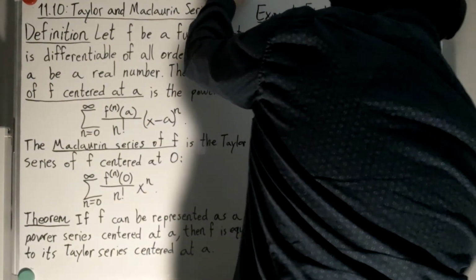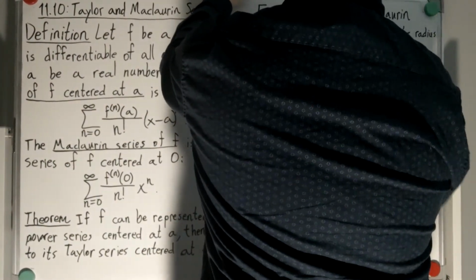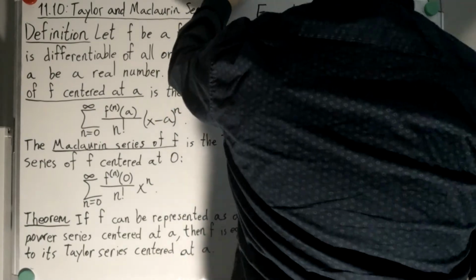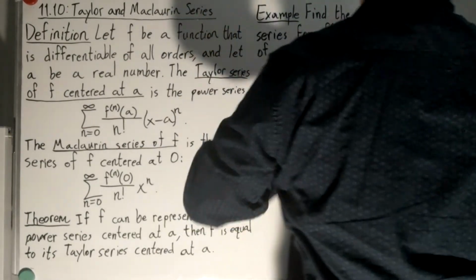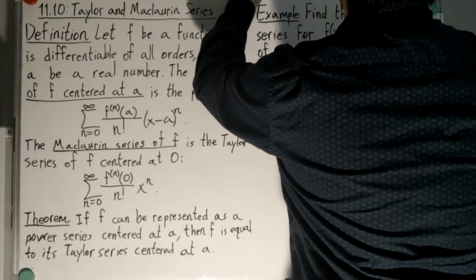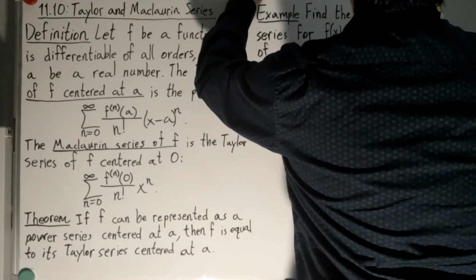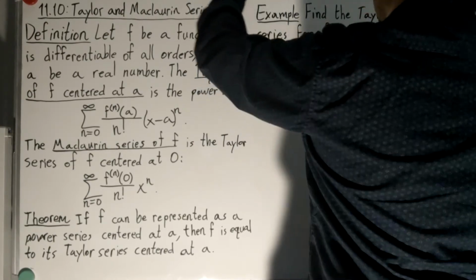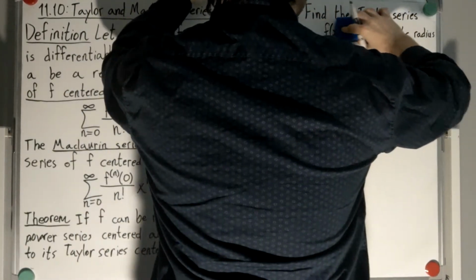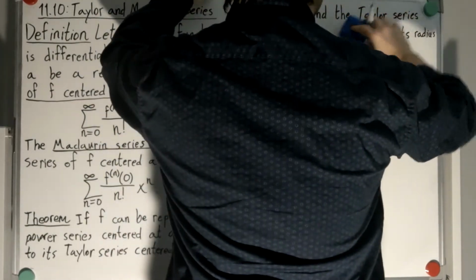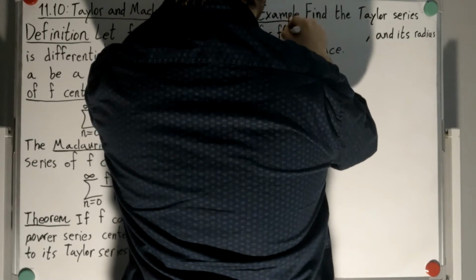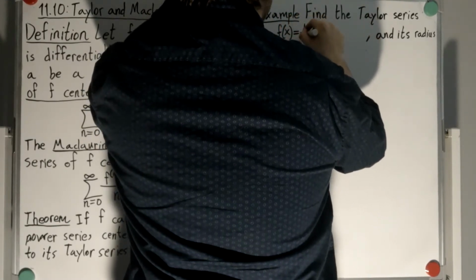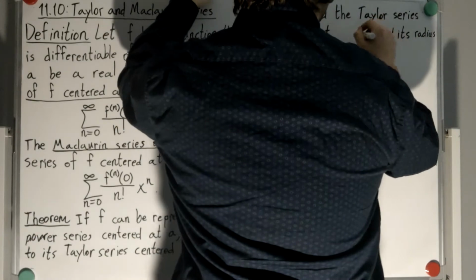So rather than the Maclaurin series, we're going to say the Taylor series for the function f of x equals 1 over x at a equals, what did we say here, negative 3?